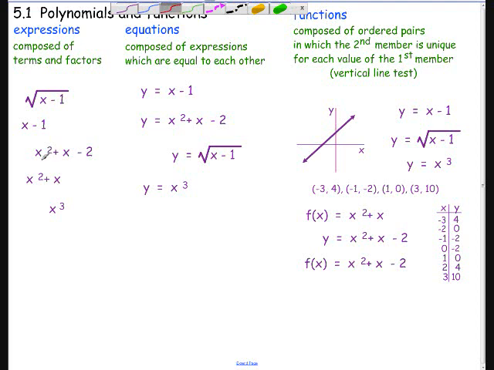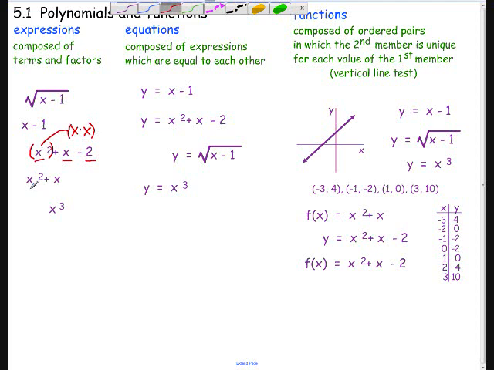This one, the only way to look at this is as two terms. This one is composed of three terms. And if I were to look at this one a little closer, I could see within this term we actually have x times x, which I could think of as factors.